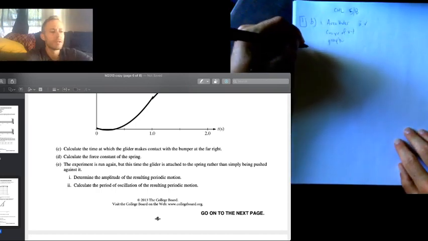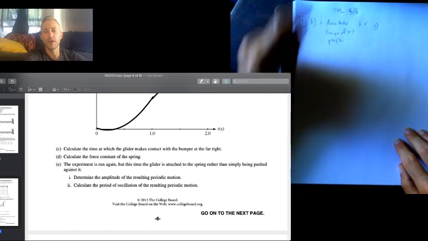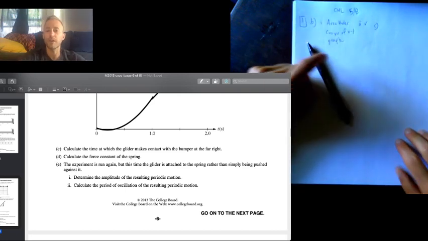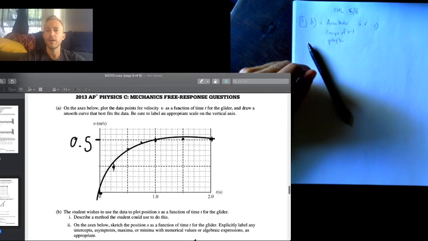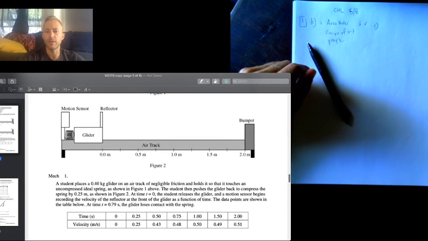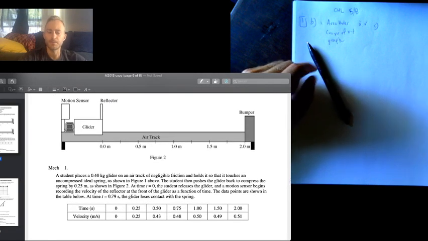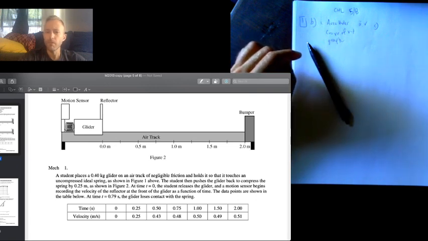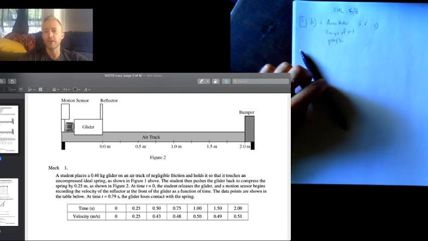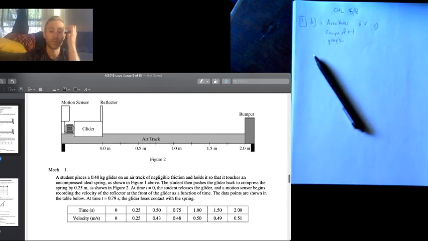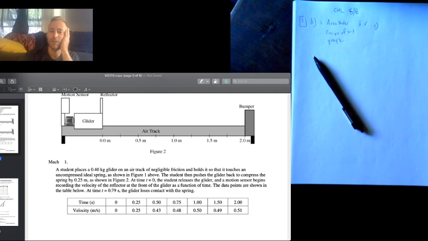Part C says calculate the time at which the glider makes contact with the bumper at the far right. So we can see that at t equals 0.79 seconds, the glider loses contact with the spring.